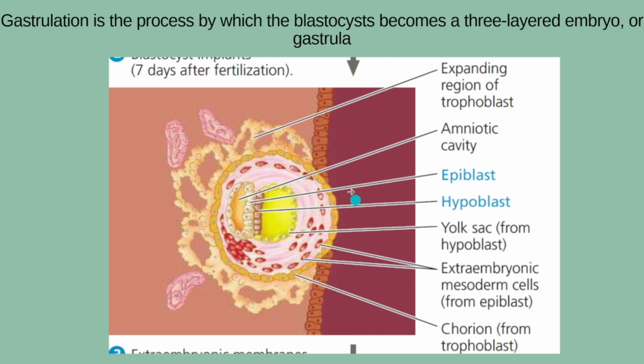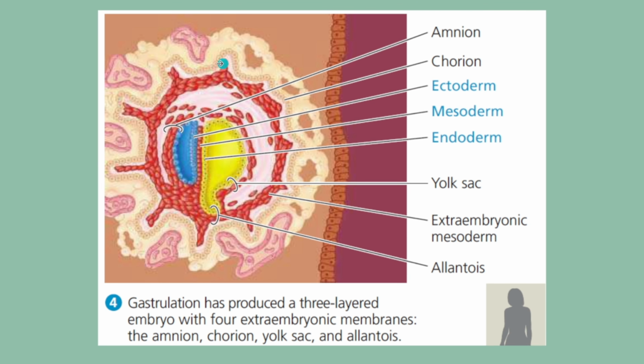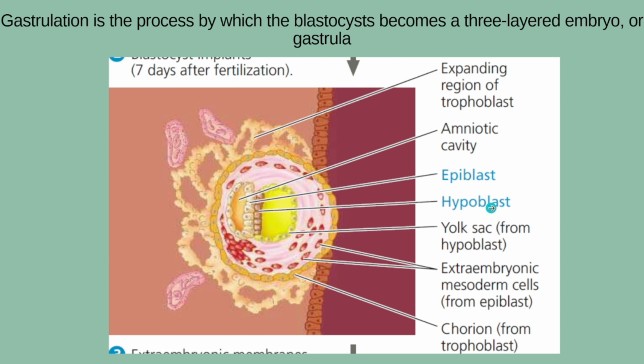So you can see here, this is still not yet. This one is the final product, which we call the gastrula. It contains three germ layers: ectoderm, mesoderm, and endoderm. For now, you need to know where the ectoderm, mesoderm, and endoderm develop from. We already know we have epiblast and hypoblast.